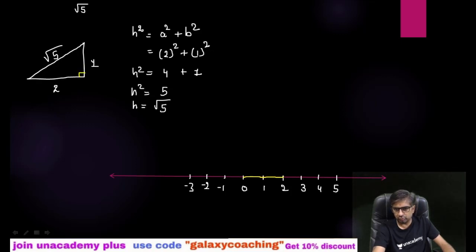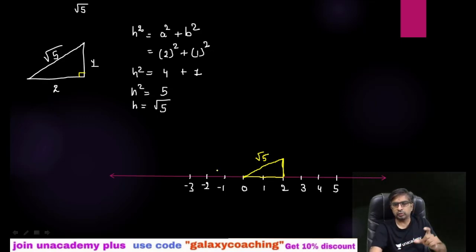So you need to draw a perpendicular 1 centimeter unit like this. Now join this. Can you tell me what will be the length of this hypotenuse? Obviously, if this is 2, this is 1, so this length will be root 5. But we need to represent this root 5 on a number line. So now what you need to do? Now you need to use your compass.